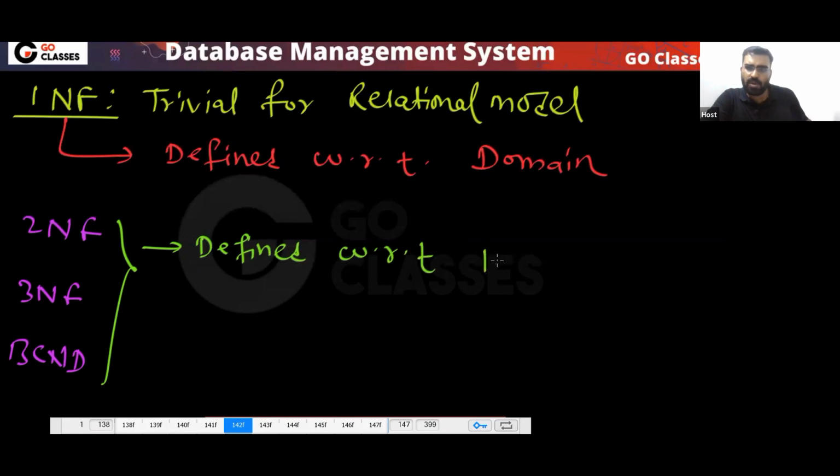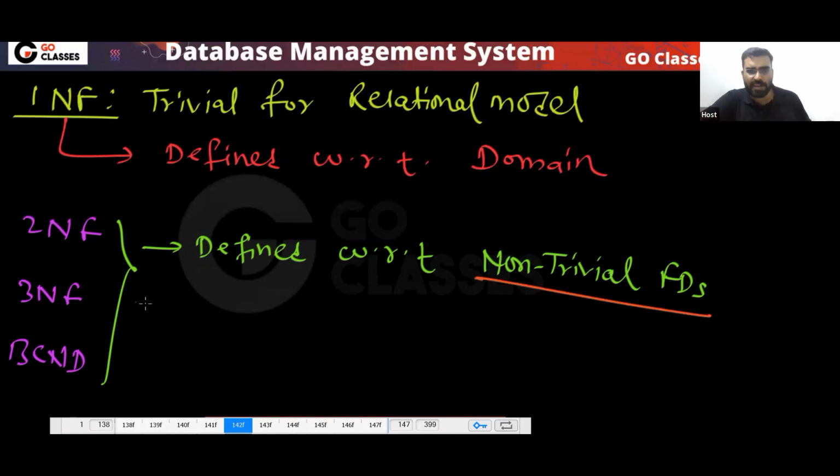Is this clear? So these are defined with respect to non-trivial functional dependencies, or I can say, with respect to functional dependencies.